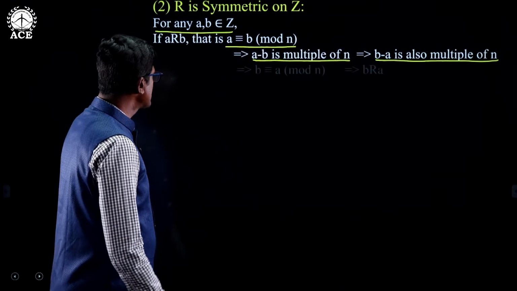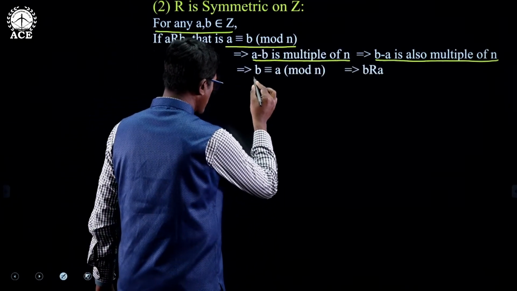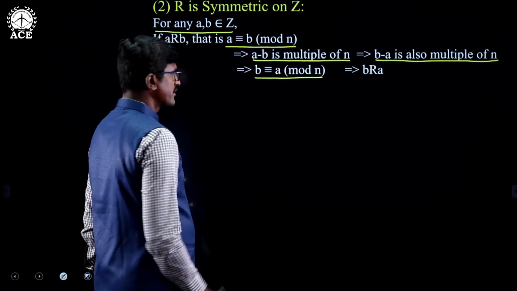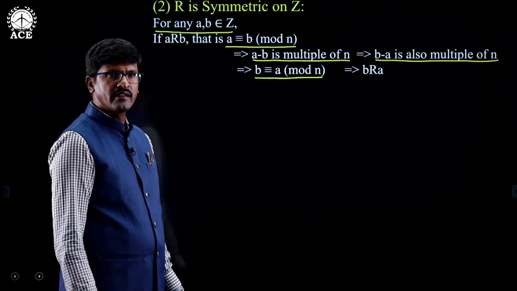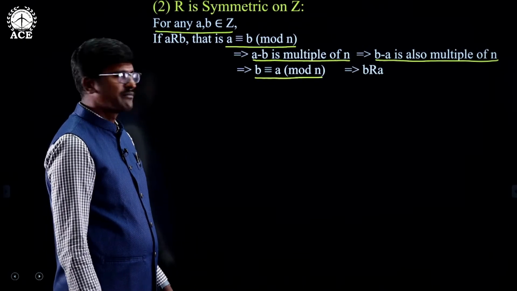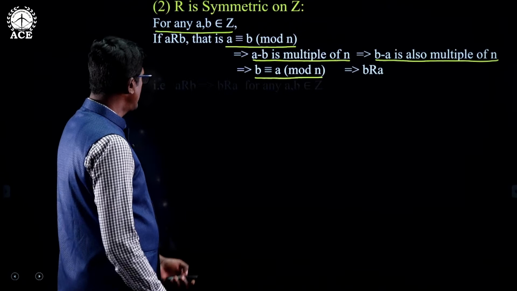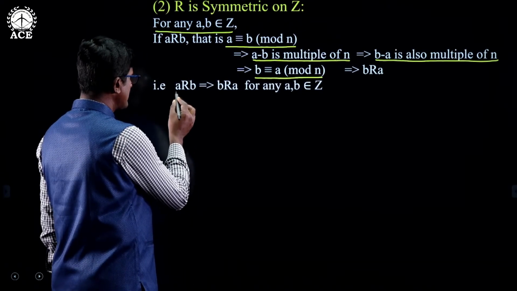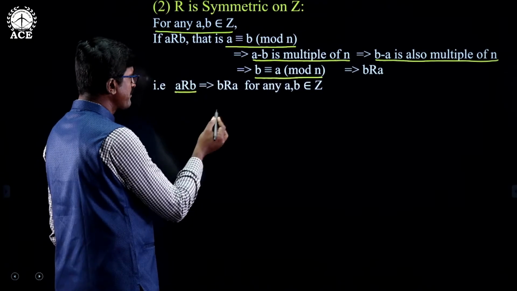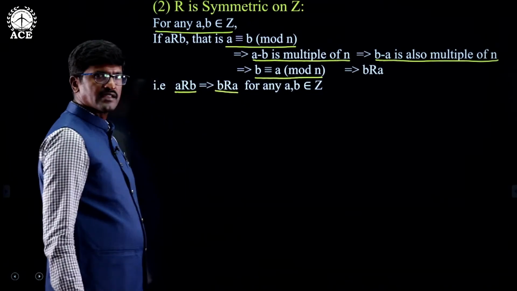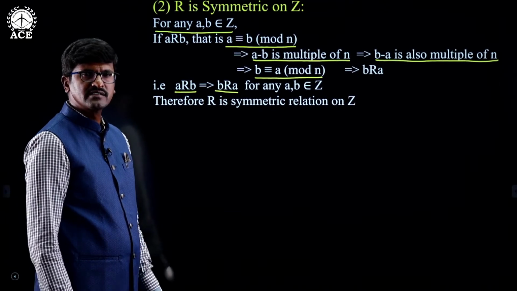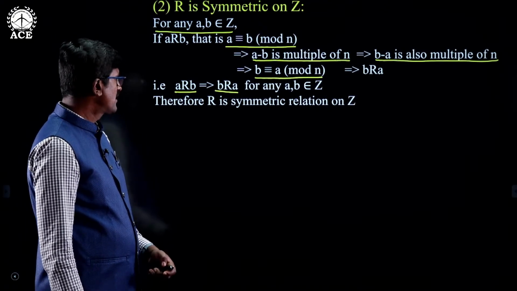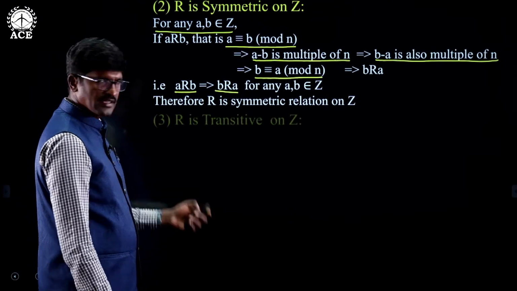B minus A is a multiple of n is nothing but B is congruent to A mod n. That is simple mathematical logic. So if there is an ordered pair (A, B) in the relation, then (B, A) is also present in the relation R. That means the given relation satisfies the symmetric property.